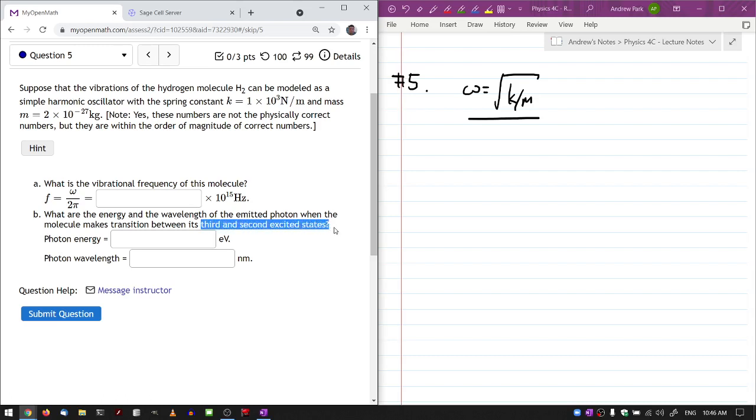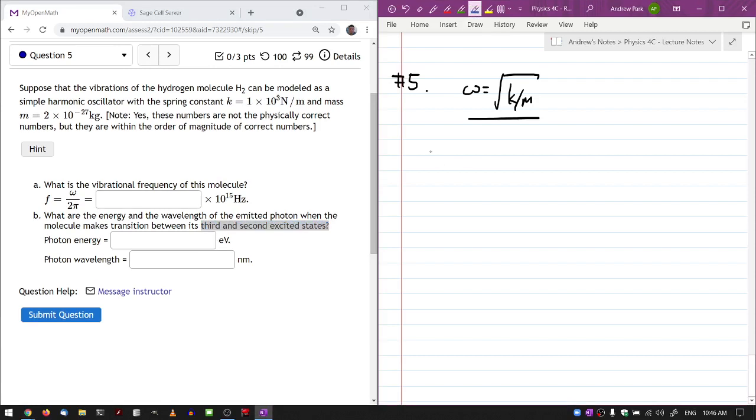So given the energy levels of the form (n plus 1/2) h bar omega, the difference between adjacent energy levels is going to be h bar omega, or I guess h times frequency, since h bar is h over 2 pi. So here it should be just frequency times Planck's constant.